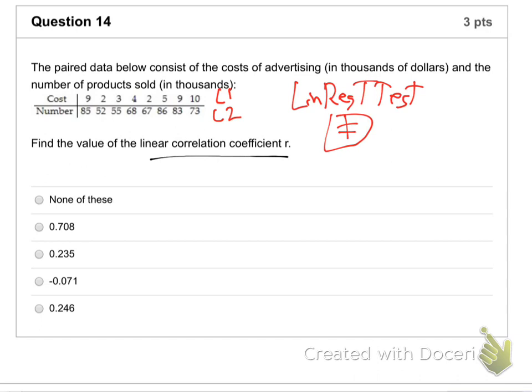And we come on down, calculate, and if you go down to the bottom of the screen, there's R squared and then there's R. R is 0.7077, so 0.708. There it is.